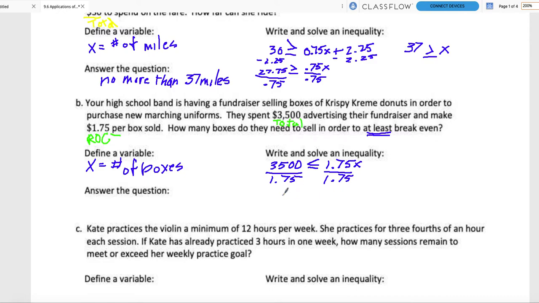So on this side, I've got 2,000 is less than or equal to X. So my answer says that I need to sell at least, which came right from there, 2,000 boxes.